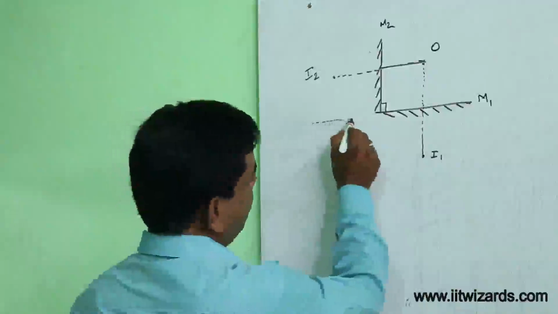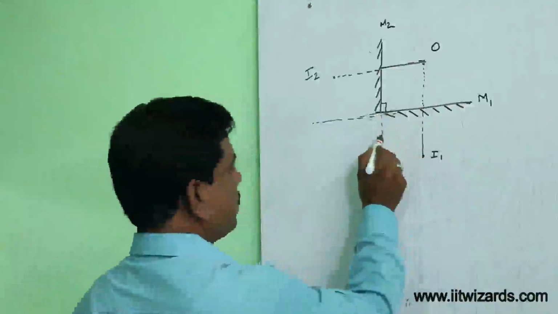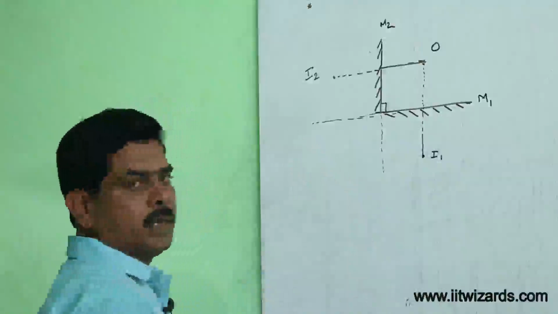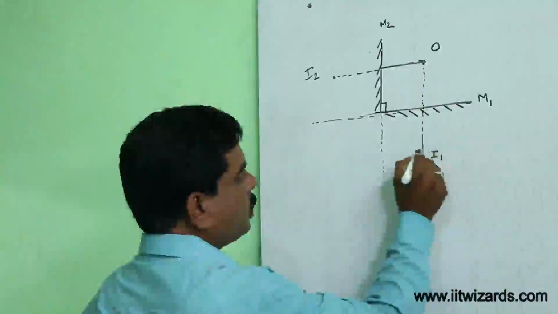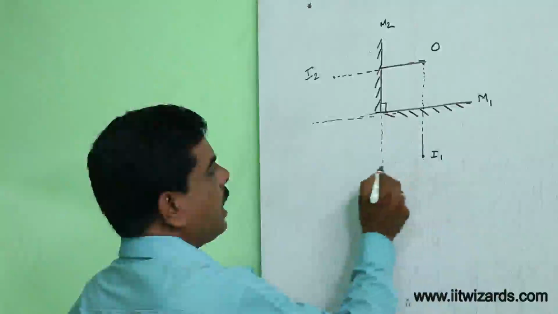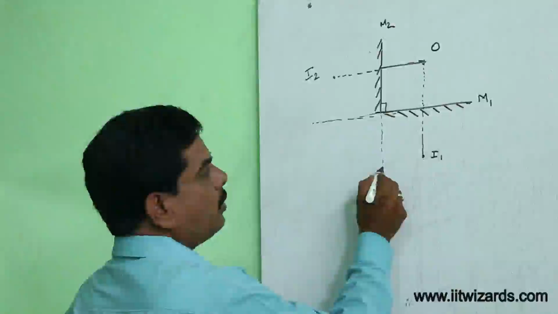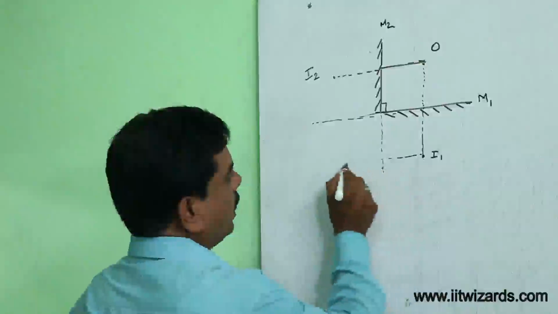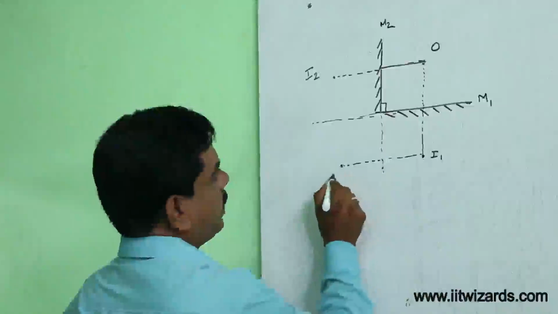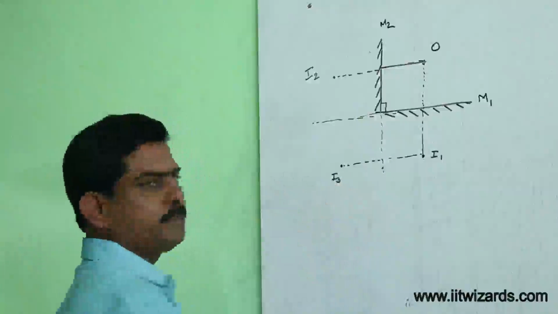But then, let's extend the mirrors. Okay? So if I extend the mirror, then this virtual image of M1 acts as a virtual object for the extended mirror M2. So therefore, it would produce an image I3 over here.